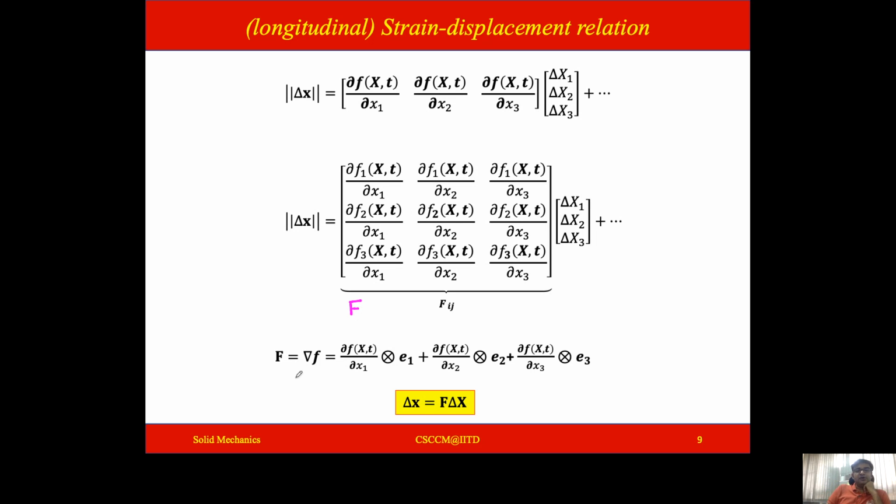If we are talking about capital F, which is basically the gradient of small f, since f is a vector valued function, you can write it in a vector notation such as this, which is actually very simple. What I'm doing here is, this is my E1 direction, this is my E2 direction, and this is my E3 direction.